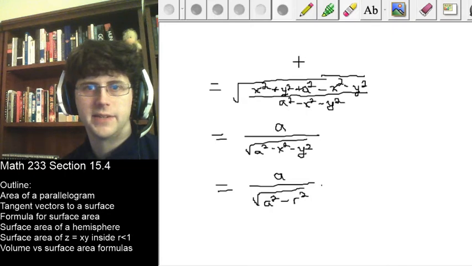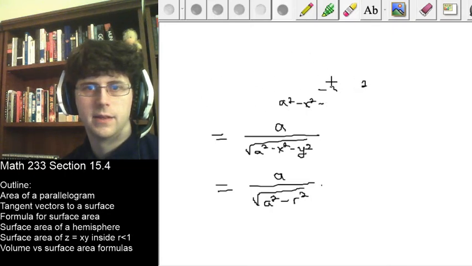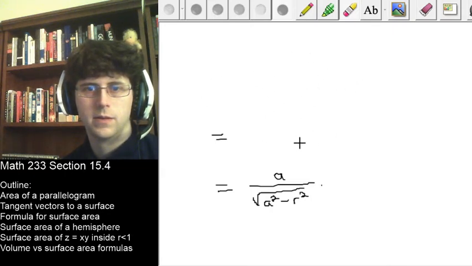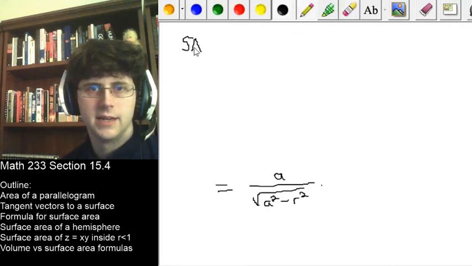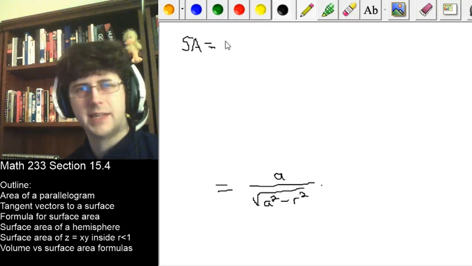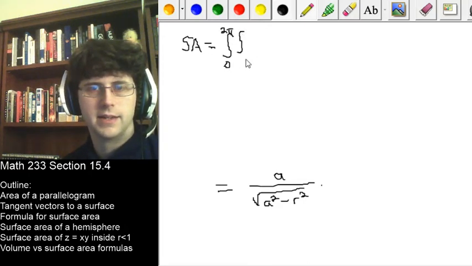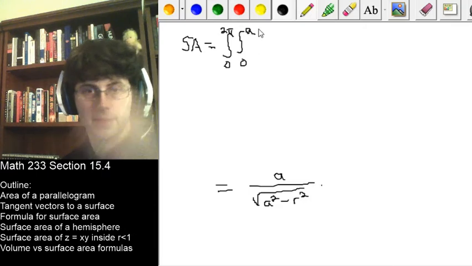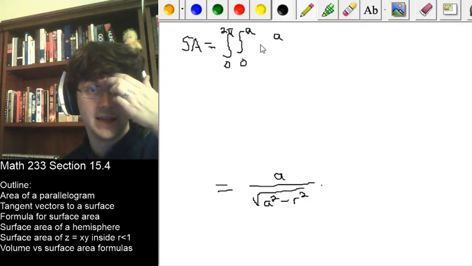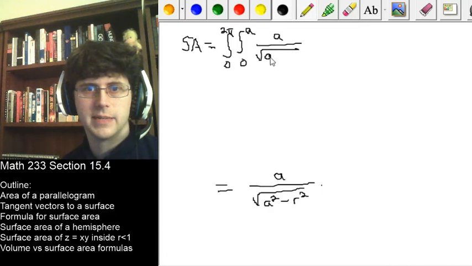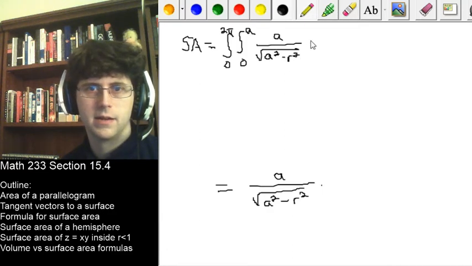So let's finally write the integral. This is the surface area of the top half of a sphere of radius a. It's an integral from 0 to 2 pi, and an integral from 0 to a of this integrand, a over root a squared minus r squared, r dr d theta.